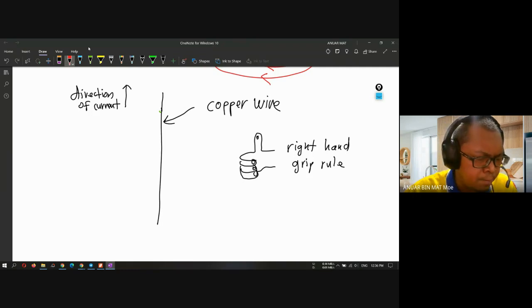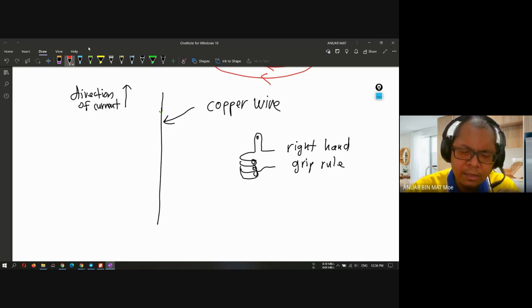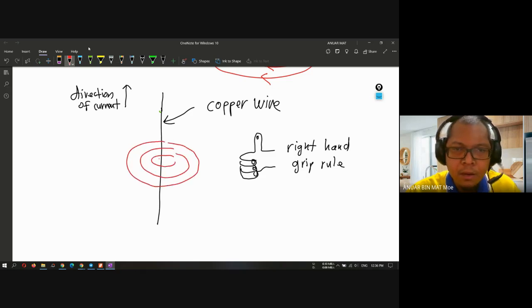The magnetic field line form is like this. What is the direction? Like this.